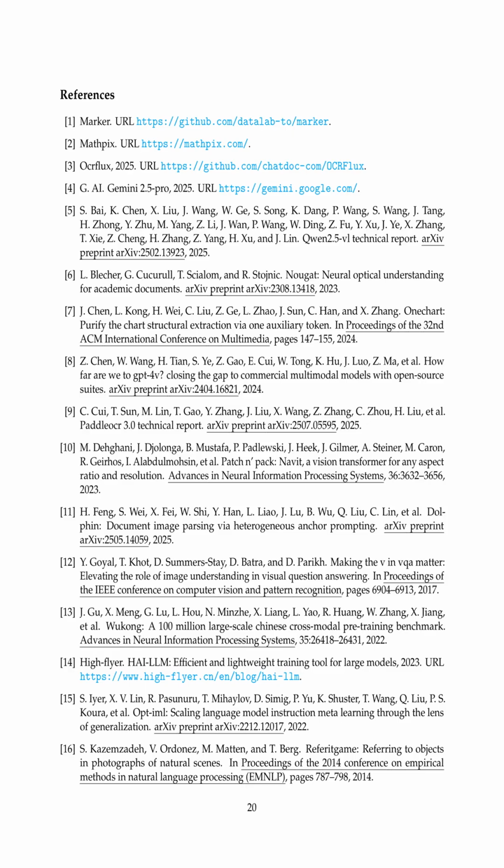Advances in Neural Information Processing, 35, 26418 to 26431, 2022. 14. High-Flyer, HAI-LLM, efficient and lightweight training tool for large models, 2023. URL http://website.highflyer.com. 15. S. Iyer, X. V. Lin, R. Pasunuru, T. Mihaylov, D. Simig, P. Yu, K. Shuster, T. Wang, Q. Liu, P. S. Koura, et al.